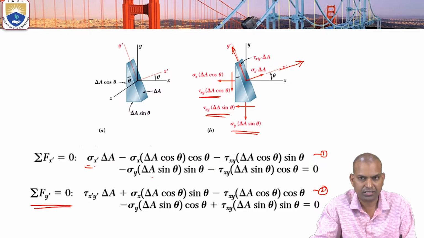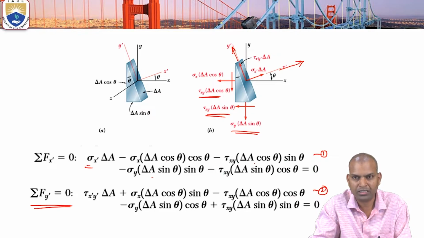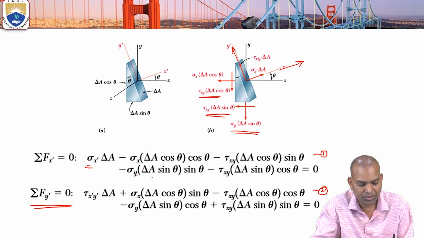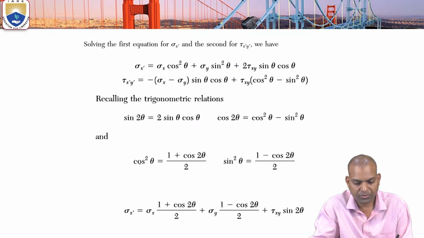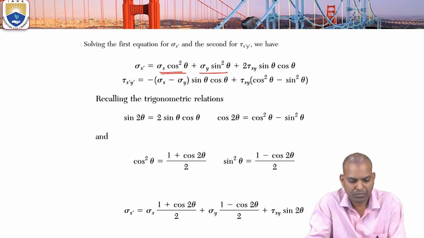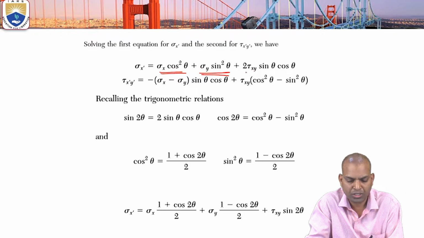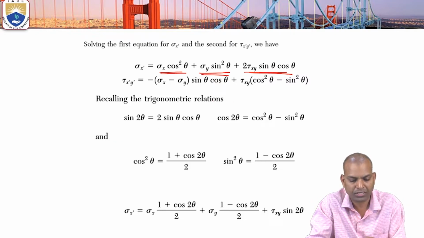Then sigma x dash equals sigma x cos square theta plus tau xy cos theta sin theta, which is 2 tau xy sin theta cos theta, that is tau xy times sin 2 theta. Another term is sigma y times sin square theta. So the terms are sigma x cos square theta, sigma y sin square theta, and 2 tau xy sin theta cos theta, that means tau xy times sin 2 theta.